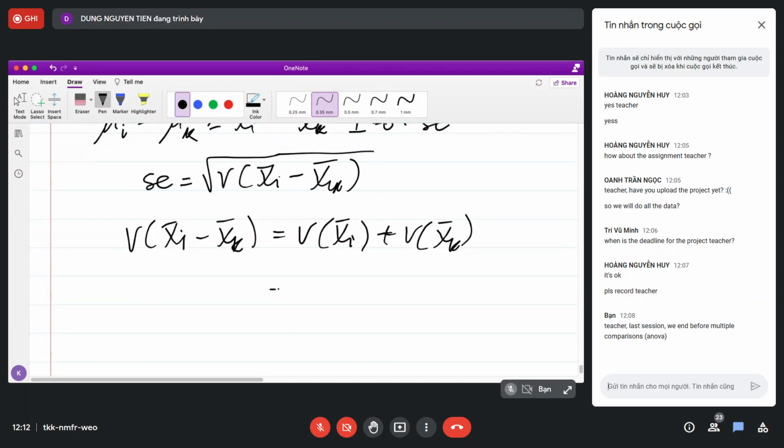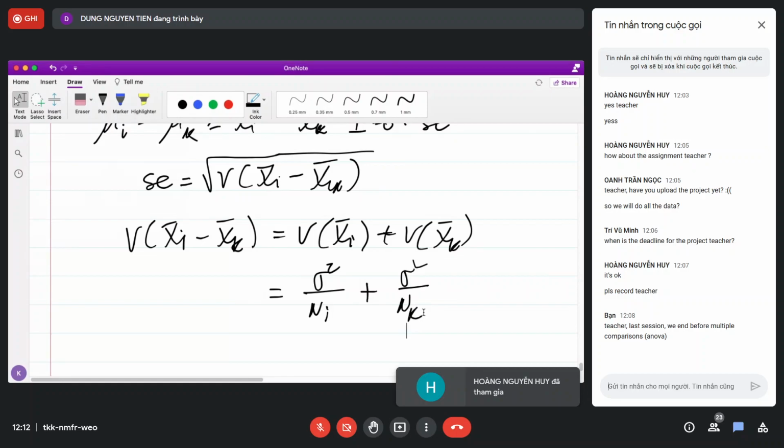If you remember, this variance is sigma squared over n_i plus sigma squared over n_k, where n_i and n_k are the number of observations in each group.